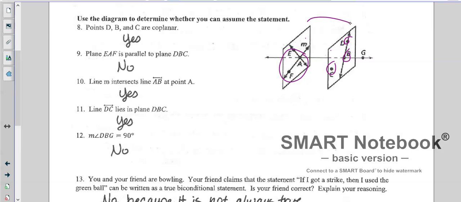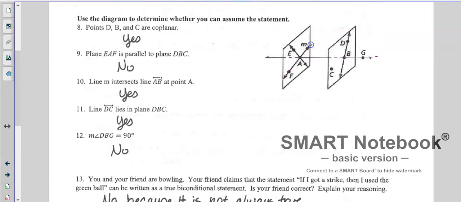You cannot assume. Line M intersects AB at point A. So let's find out, find everything. Line M, that's right here. Okay? It intersects AB. Where's AB? Right here. At point A. Yes, it does. Now, does it intersect at point B? No, it does not.